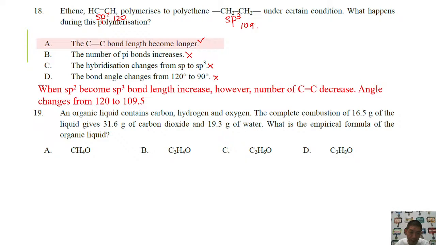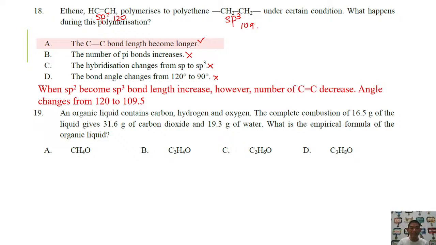Number 19. An organic liquid contains carbon, hydrogen, oxygen. Complete combustion of 16.5 gram of liquid gives 31.6 gram of carbon dioxide and 19.3 gram of water. What is the empirical formula of the organic liquid? Now this is quite a tricky question, because you have to use the mass to mass concept.